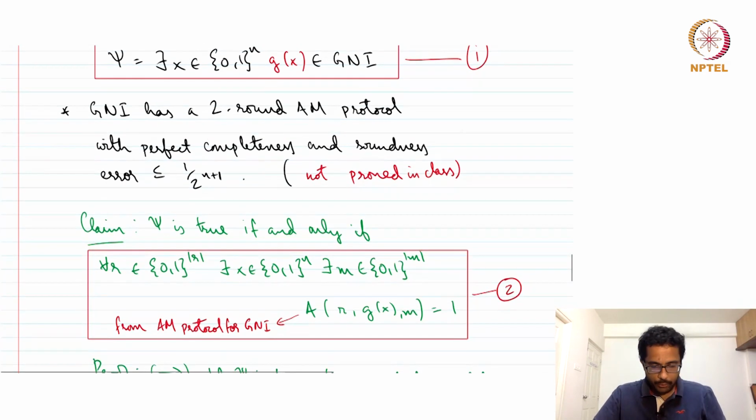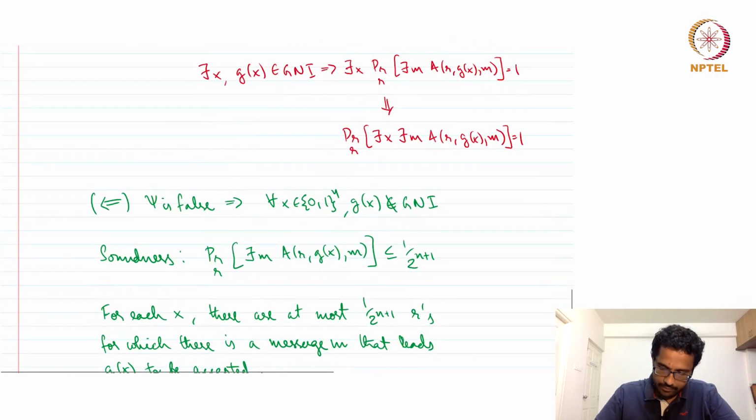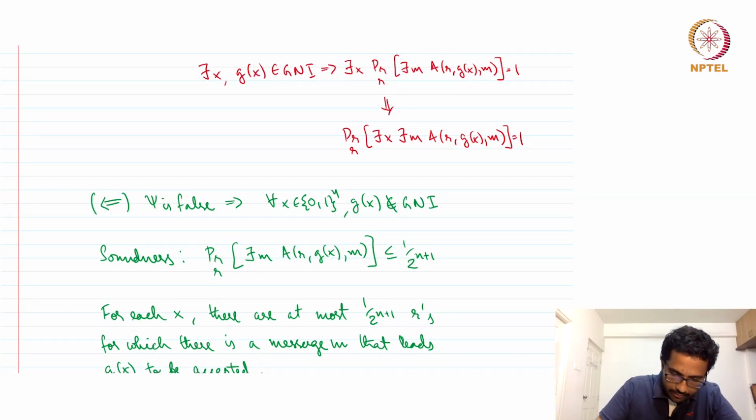Suppose psi is not true, which means for all x, gx is not in graph non-isomorphism.